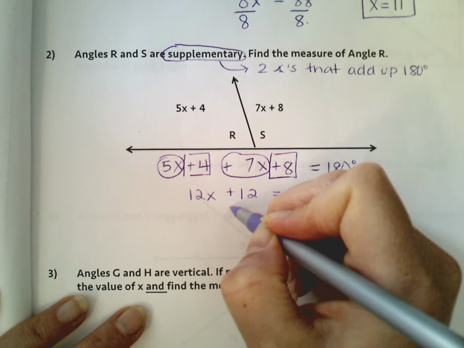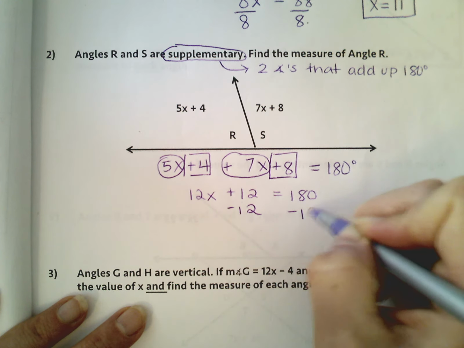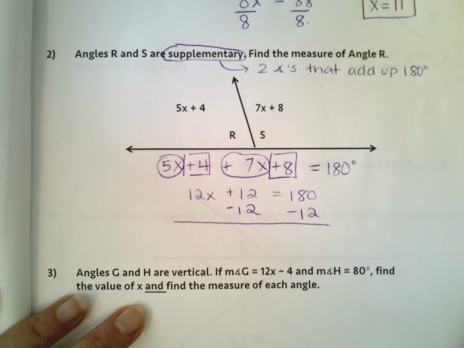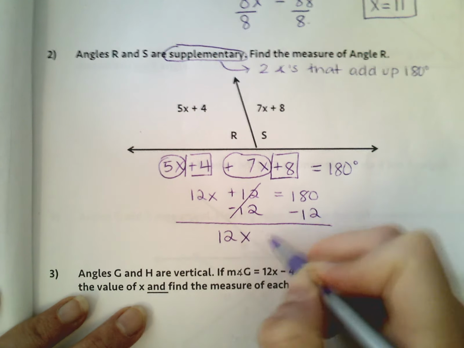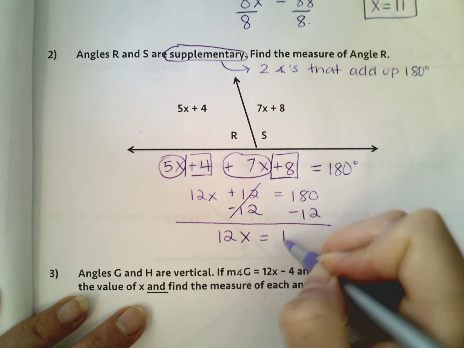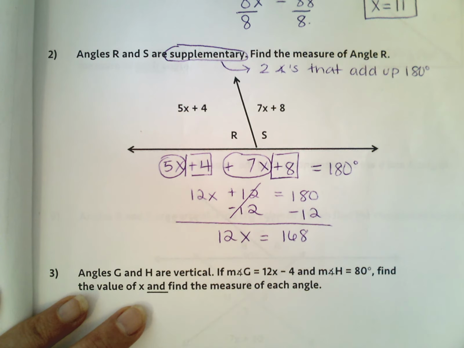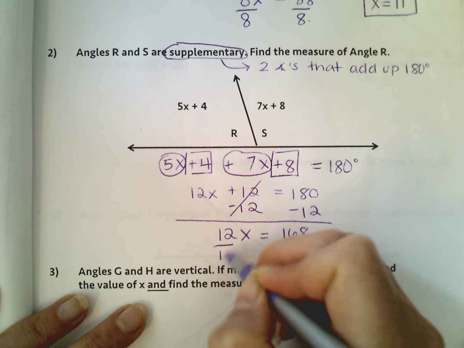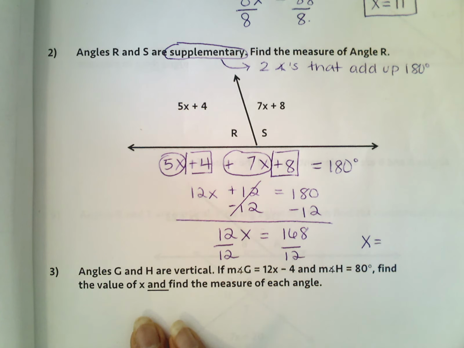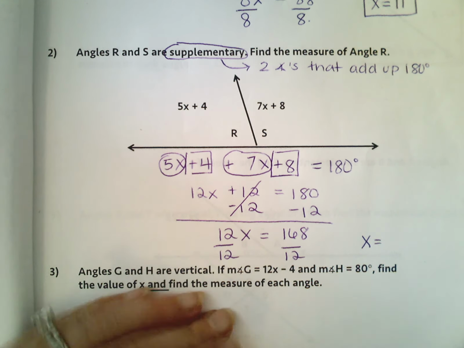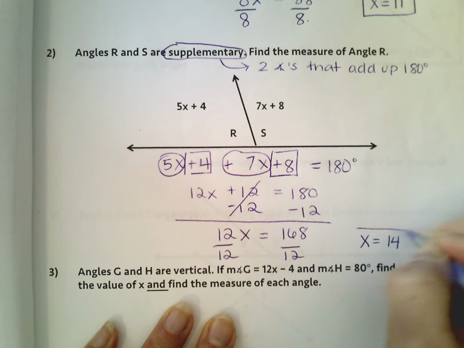So we're going to subtract 12 from both sides of our equation. This cancels, and I'm left with 12x equals 168. I'm going to divide by 12 on both sides, and 168 divided by 12 gives me 14.